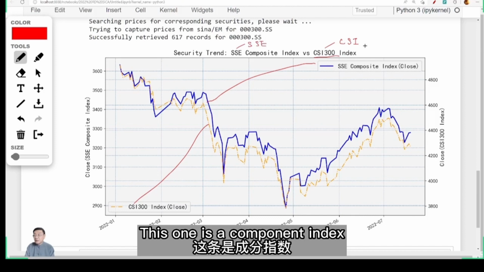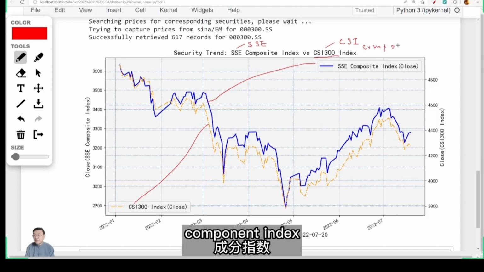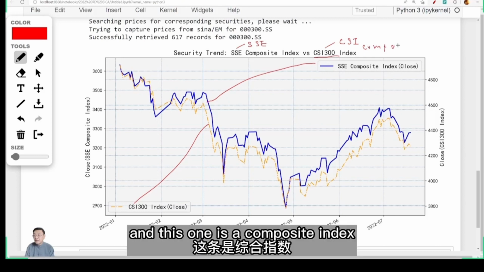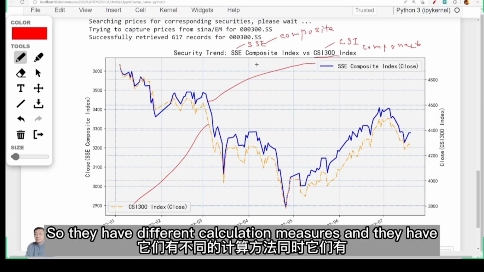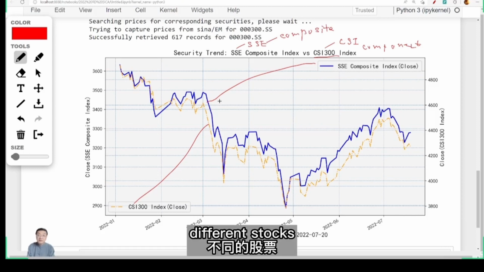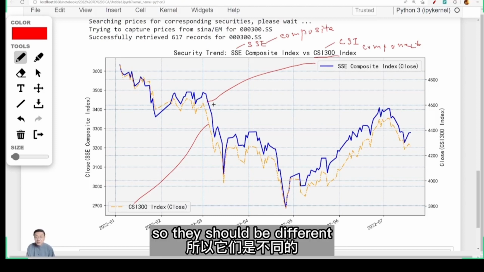This one is a component index, and this one is a composite index. So they have different calculation measures, and they have different stocks on which the index is calculated. So they should be different.